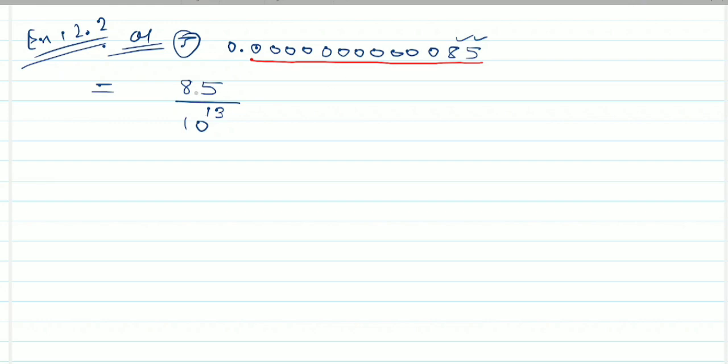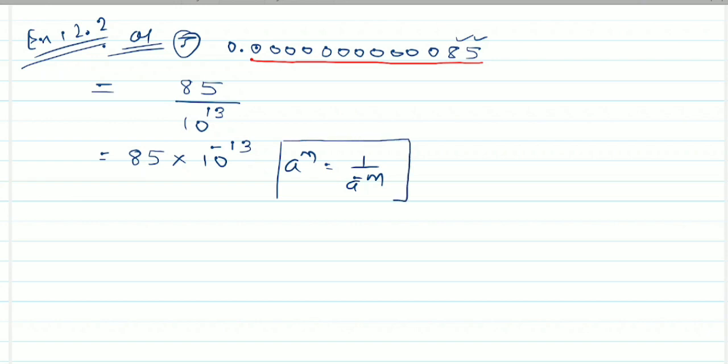So therefore I write this as 85 by 10 raised to power 13. When I take the 10 raised to power 13 in the numerator, the sign is going to change. We are going to use this formula: a raised to m, if it goes divided, 1 by a raised to m, then the sign of the power changes.